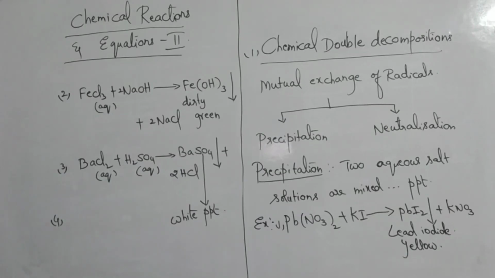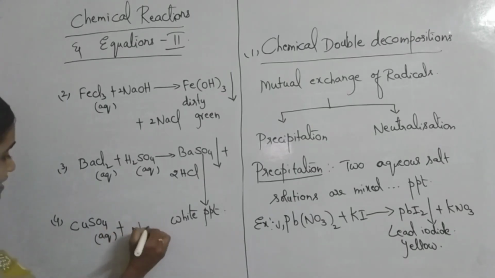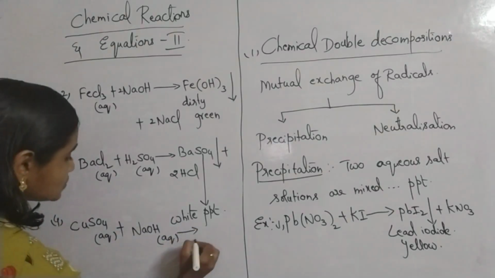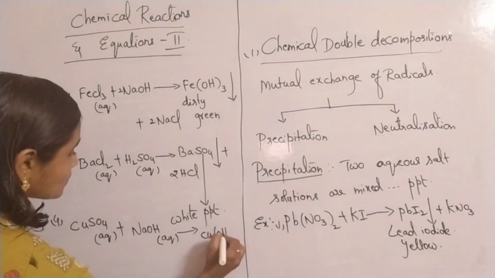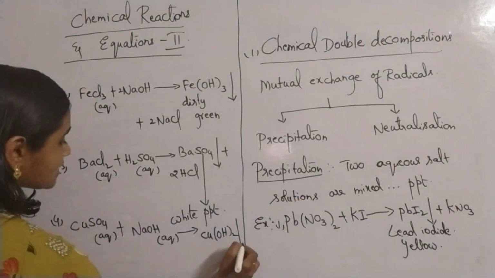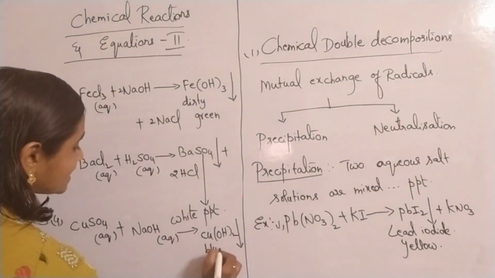Next you have copper sulfate reacting with NaOH. CuSO4, copper sulfate, you have to always take as aqueous solutions, and NaOH is also an aqueous solution. It gives rise to Cu(OH)2, which is considered the blue precipitate.